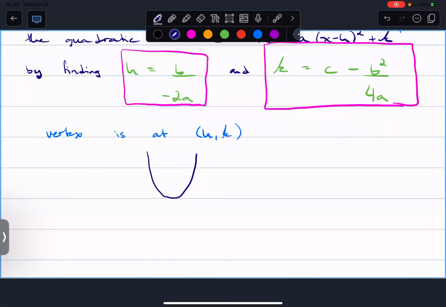Then here, this is going to be when x is h and when y is k, but what can you do instead? You could say that's the same thing as f of h, right? Whatever the quadratic is, evaluated at h, because that's your input, k is your output. And so sometimes it's easier to just find f of h instead of this k.